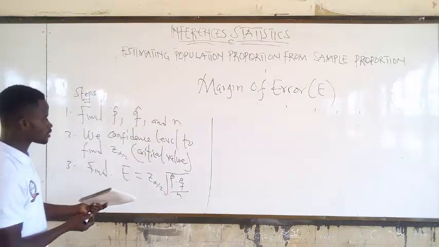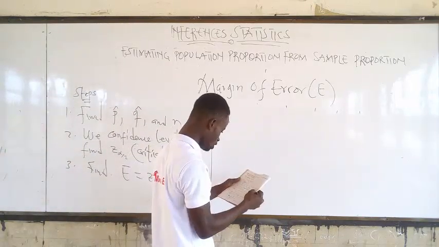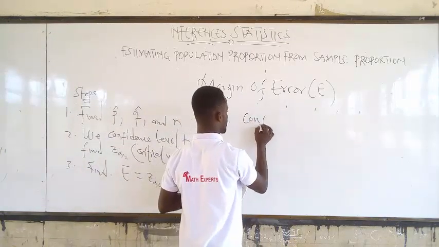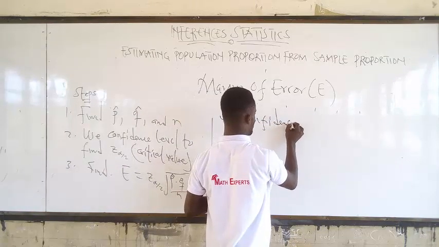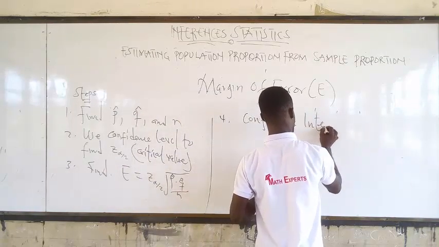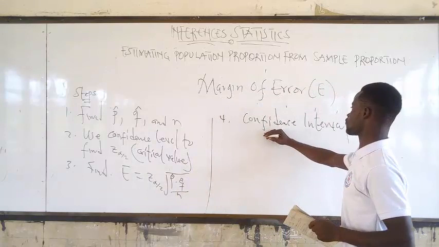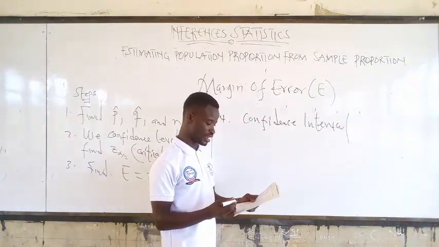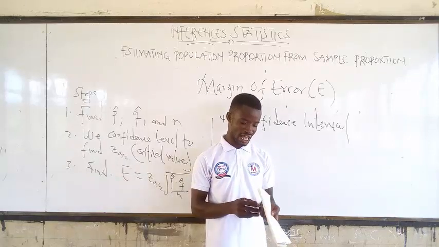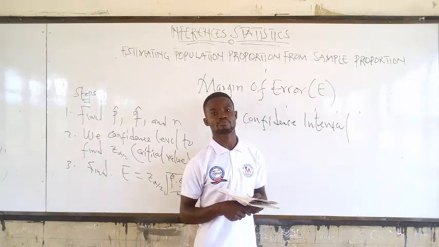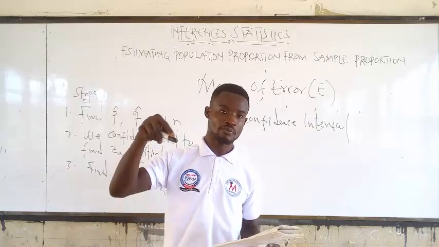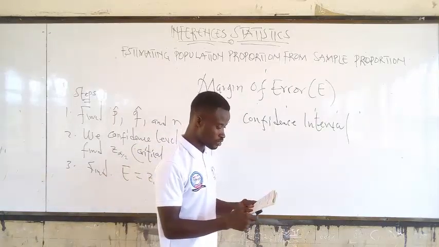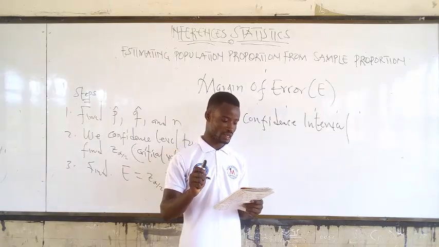Alright, so let's go to the last part, that is the confidence interval. So now, the confidence interval is like this. Don't forget that we are using the point estimate.